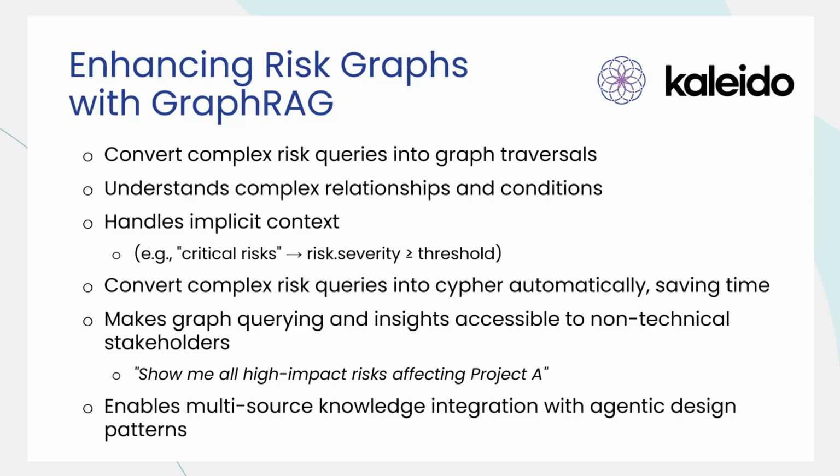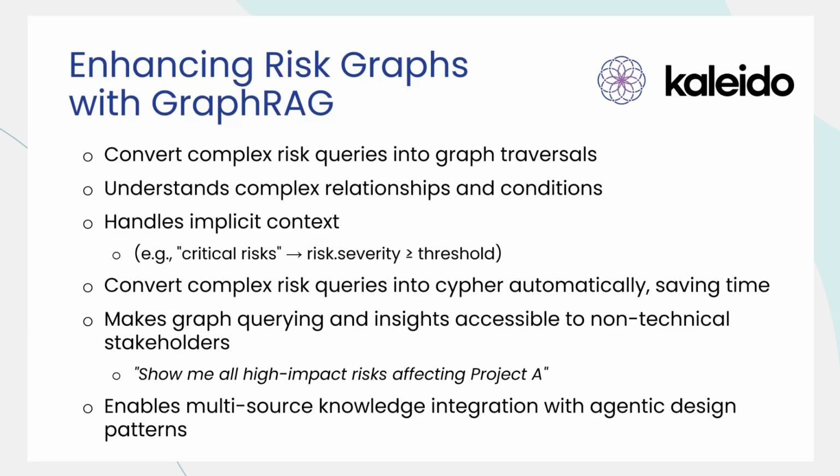So what this will enable us to do is to automatically convert the queries that a project manager or a risk manager might enter into the chatbot and translate them into complex Cypher queries. It will be able to interpret the data, the graph, and convert the Cypher into the actual relationship types, even if the user enters a query that doesn't necessarily reference the exact properties of the node or the relationships.